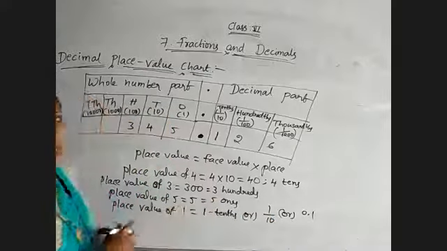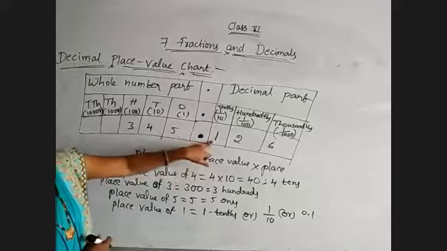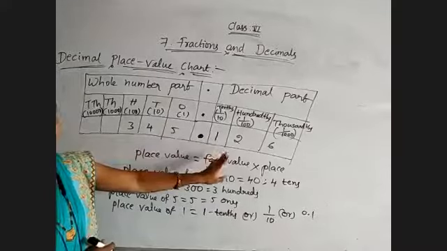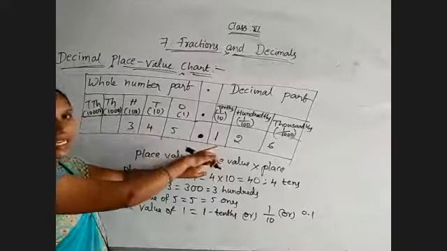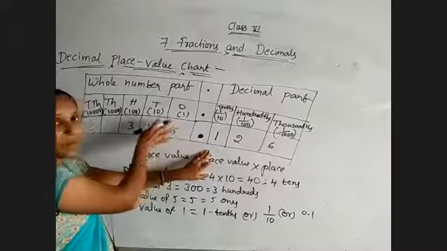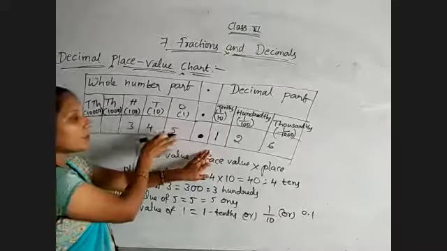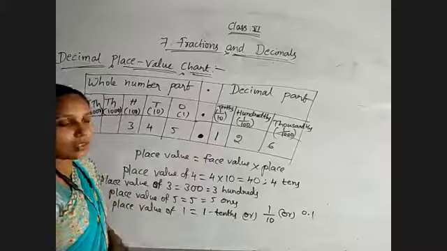And remember, while you are writing the place value of a decimal digit, the whole number part will become 0. Whole number part we must take as 0. So 0 point first digit only, that is 1 in decimal notation.